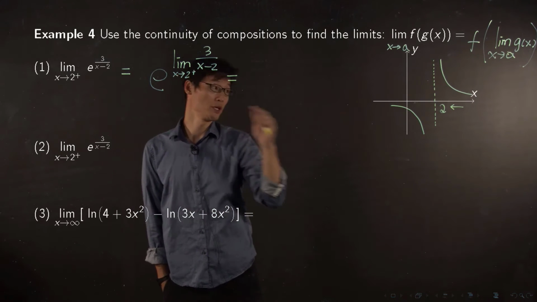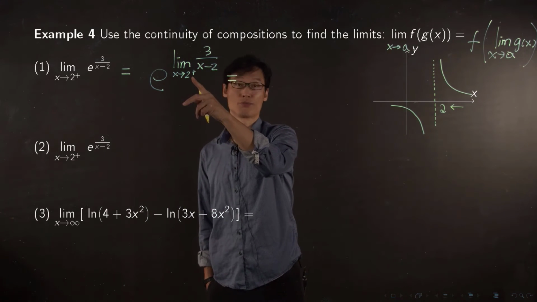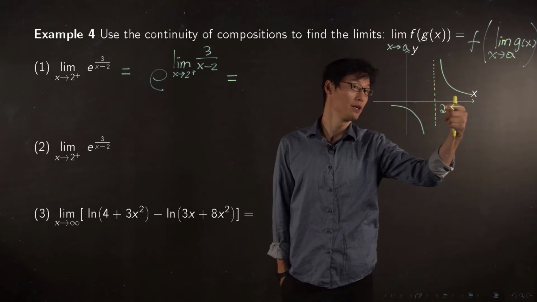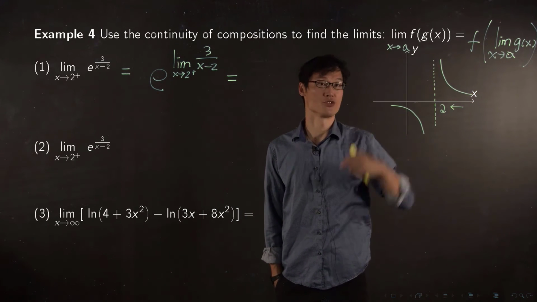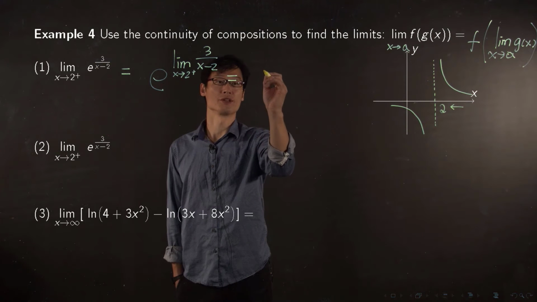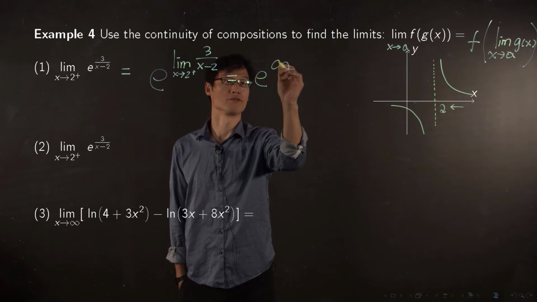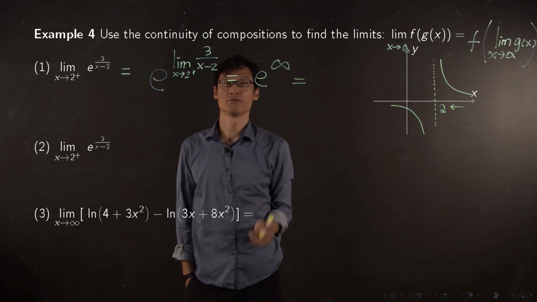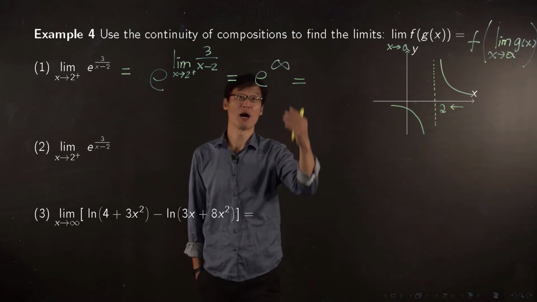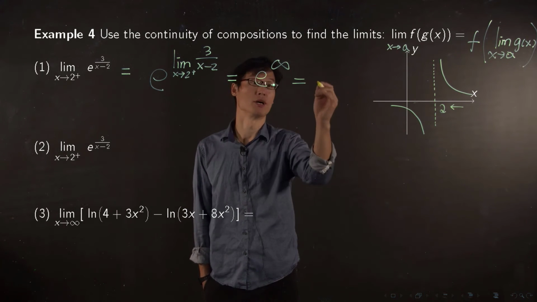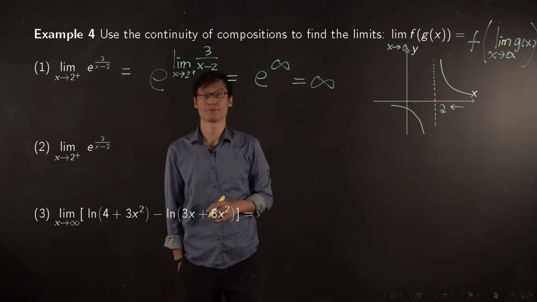To find this limit, we use this graph. As your x approaches 2 from the right, this function is getting larger and larger. So this limit is infinity, e to the infinity. And e to an unbounded number is again an unbounded number, so the limit is infinity.